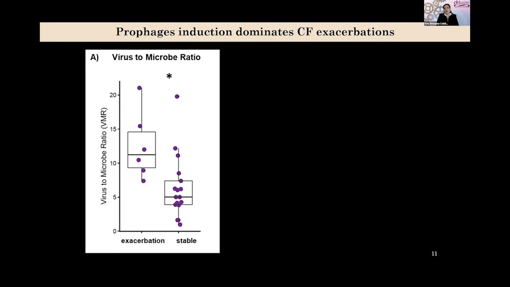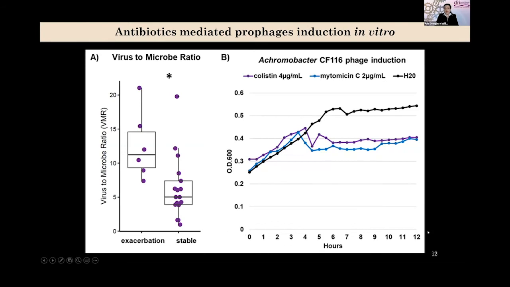So we did a test in the lab to see if we could induce these prophages inside the Achromobacter genomes by using antibiotics. So here you can see time on the x-axis, and on the y-axis, the bacterial growth. So we grew the clinical isolate of CF116, just happily growing by itself. You can see the growth curve here. And there are some classical inducers that have been shown to induce prophages, such as mitomycin C. So when we grow the bacteria in the presence of mitomycin C, we see the bacteria growing, and then we see a decay.